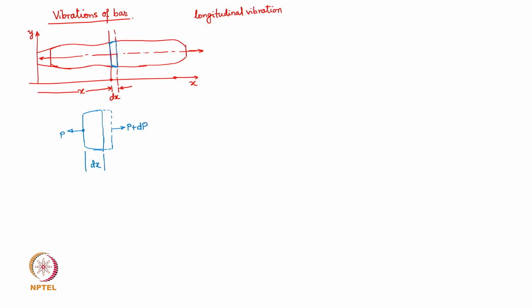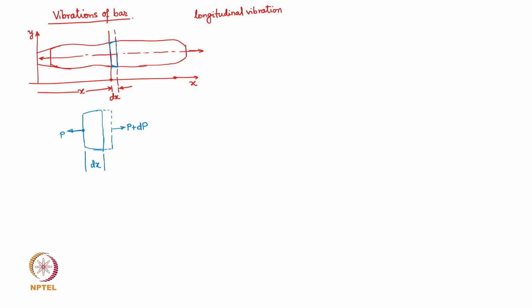So the bar is undergoing dynamic motion, and this small element is going to be under the action of the forces P at the distance x and P plus dP at the other face of this small element of length dx.